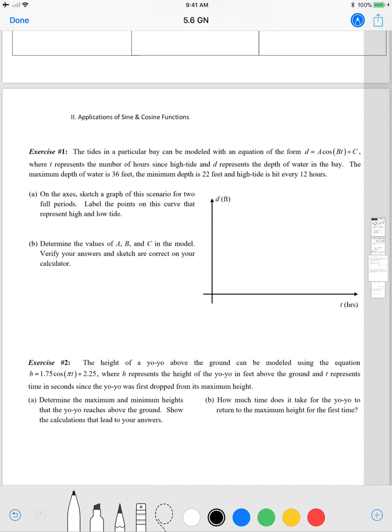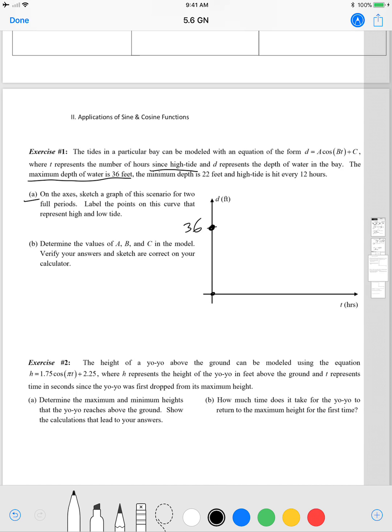But that's nice. The more information they give us, the easier this is for us. So, t is the number of hours since high tide. What that tells me right away is that at time equals 0, I am starting at high tide. High tide will be where there's the maximum depth of water, in this case 36. So here's my first point.